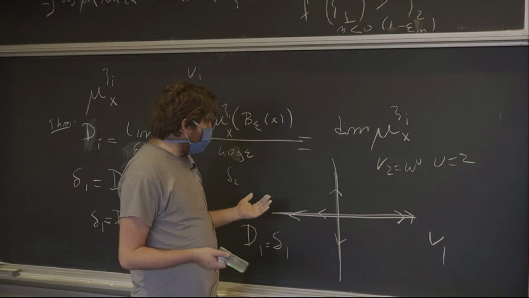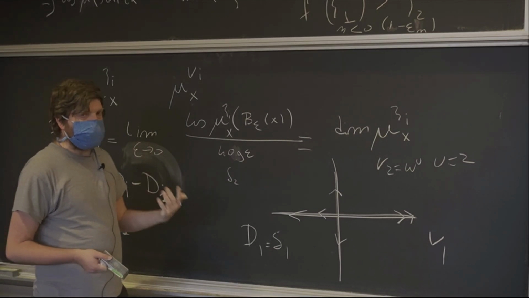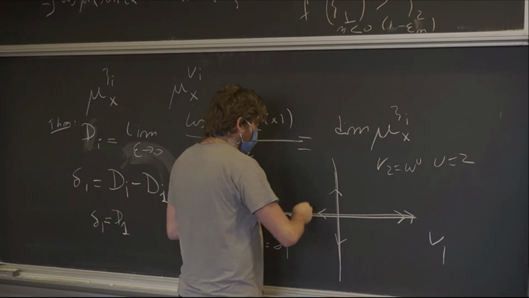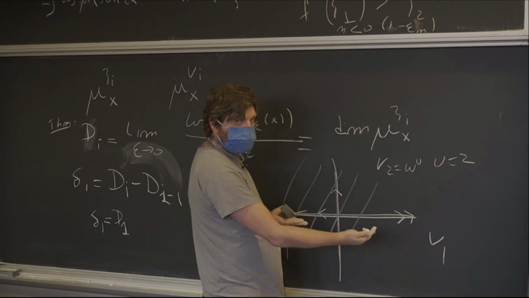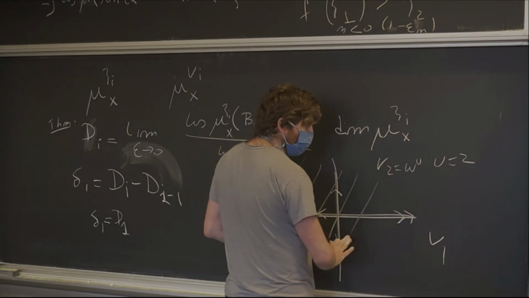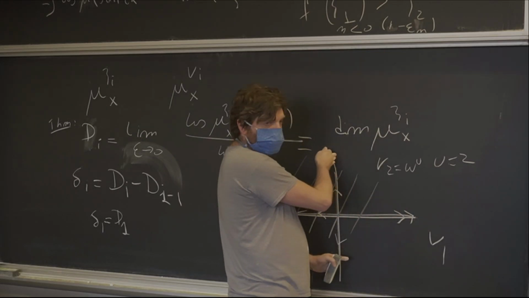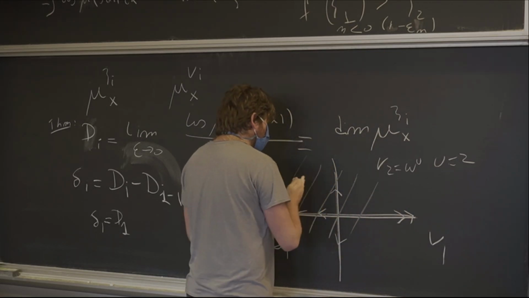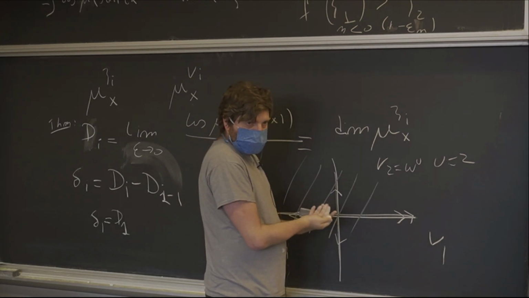Then what you do is this delta_2 will be some sort of transverse dimension. What does it mean? I take the total measure, I look at the dimension of the total measure, I subtract the dimension of this guy, and I should get this. And this is exactly the same as doing a different construction, and that's how the proof goes actually.